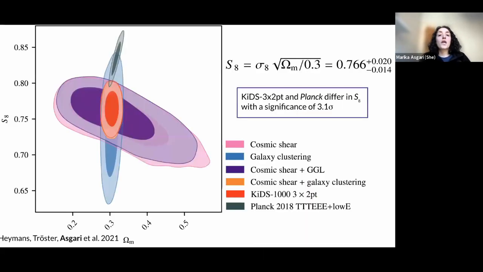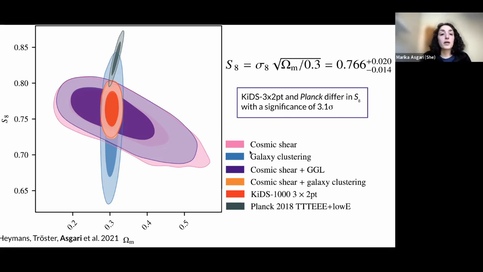All right, and this is the summary of the results from that combined probe analysis. In pink, you can see the cosmic shear results. Then in blue, you can see galaxy clustering from BOSS. And then in purple, you see cosmic shear plus galaxy-galaxy lensing. And then once we combine all of them, we get the red contour.